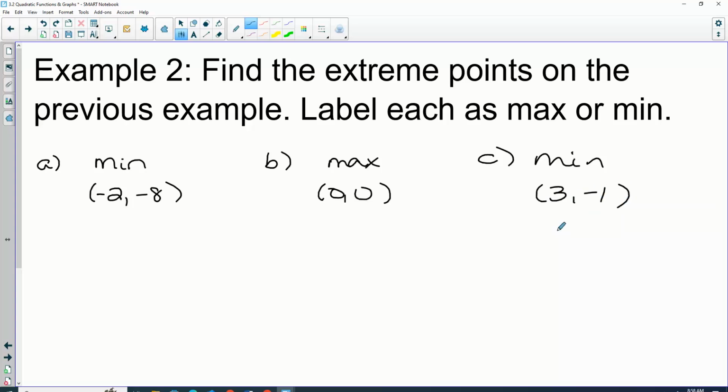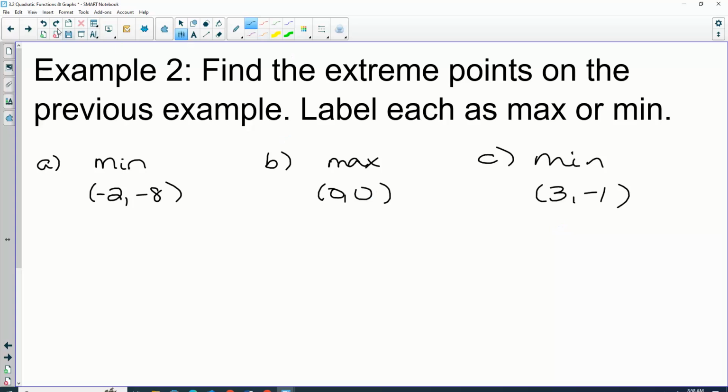Okay, so we can find those maximums and minimums from the graph, but sometimes, if that's the only thing I care about, I don't necessarily want to go through the entire process of graphing. So we'll talk about the shortcut, how we can find those.